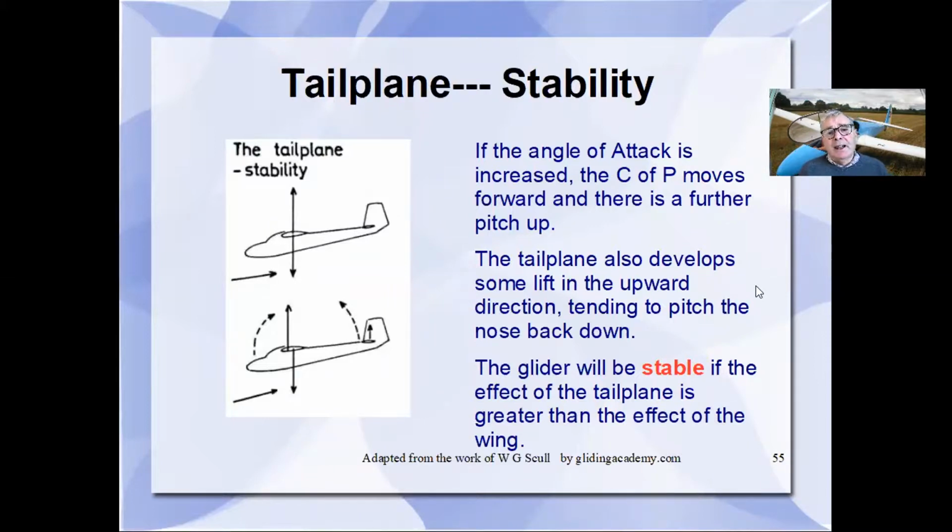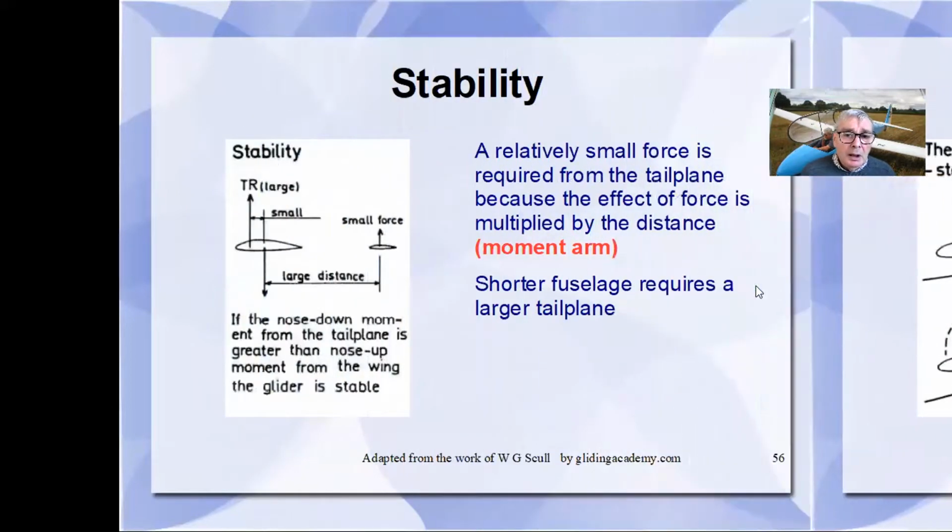But the tailplane angle of attack is also increased, and that in turn applies an upward force on the tailplane, which tends to pitch the nose back down again. And this places the stability in the system. So the glider will be stable if the effect of the tailplane is greater than the effect of the wing.